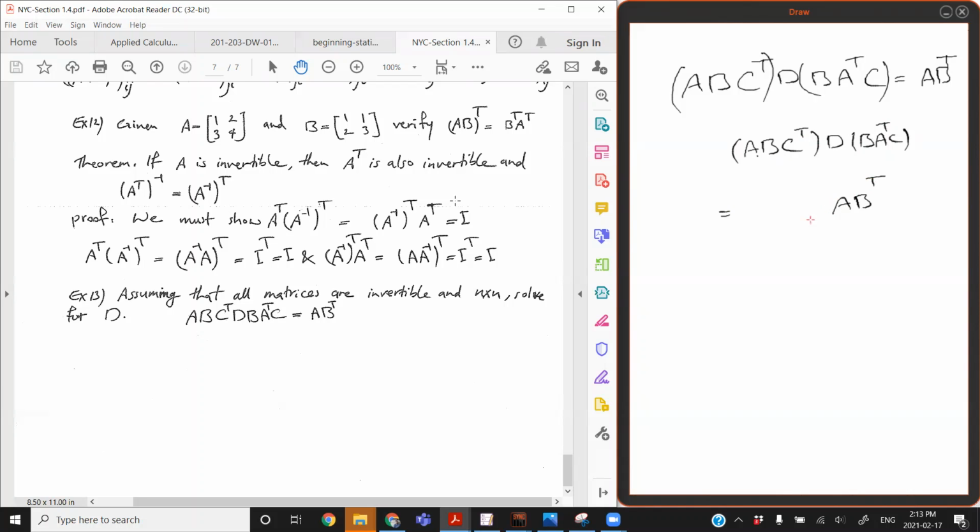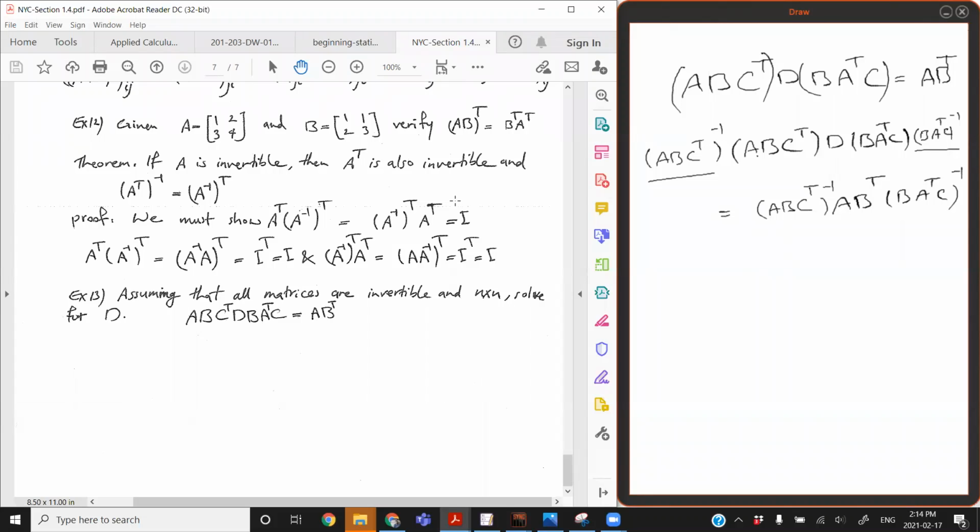I'm going to multiply both sides by A B C transpose inverse on the left, and by B A transpose C inverse on the right. So basically, I multiplied both sides by this on the left and by this on the right. I can do that, right?